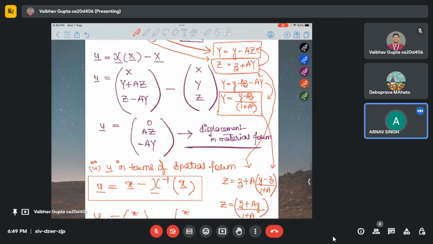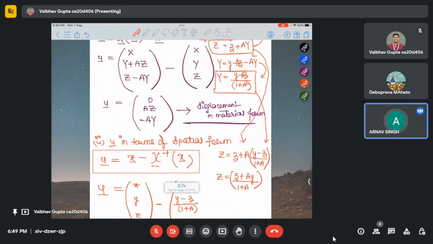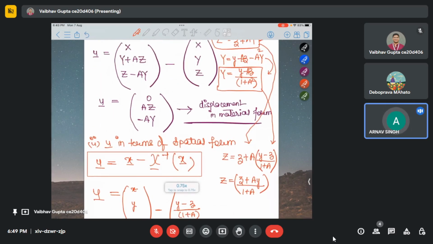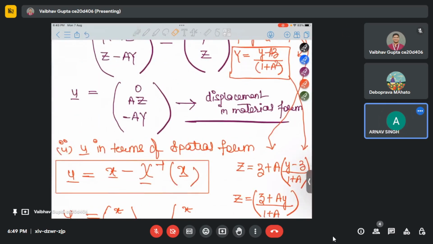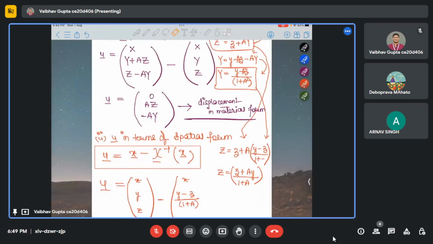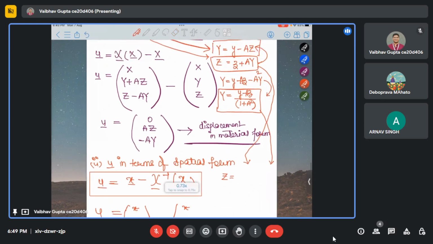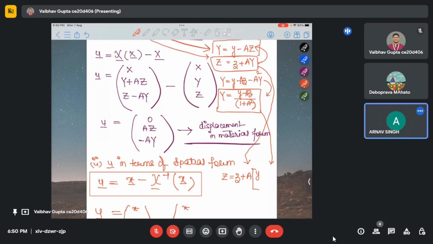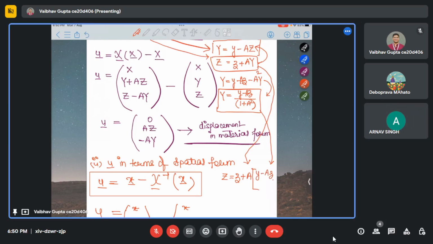Similarly, we have to correct here also, right, sir? Yes, capital Y. So now we'll do this again. Now capital Z is small z plus a capital Y, and our capital Y is small y minus a small z upon 1 plus a square. Correct?